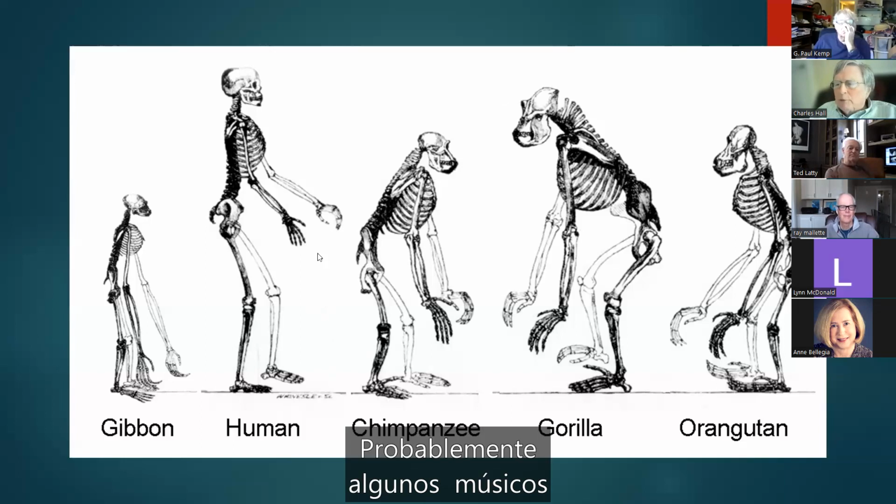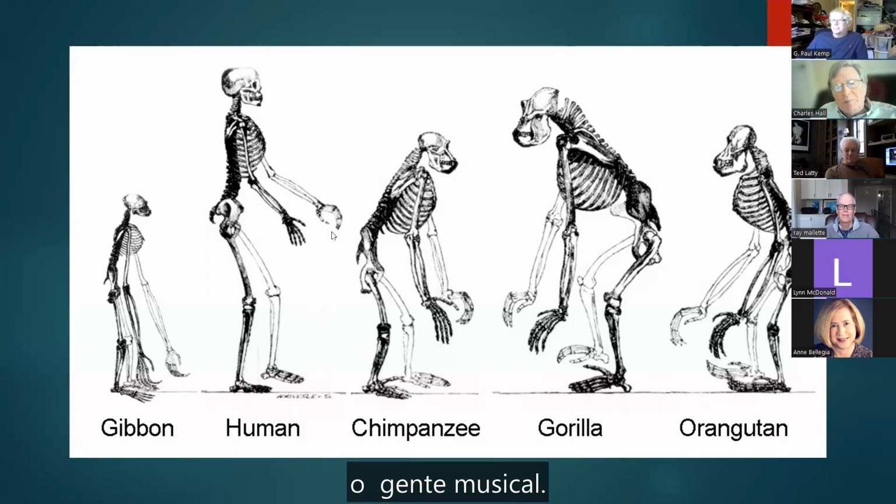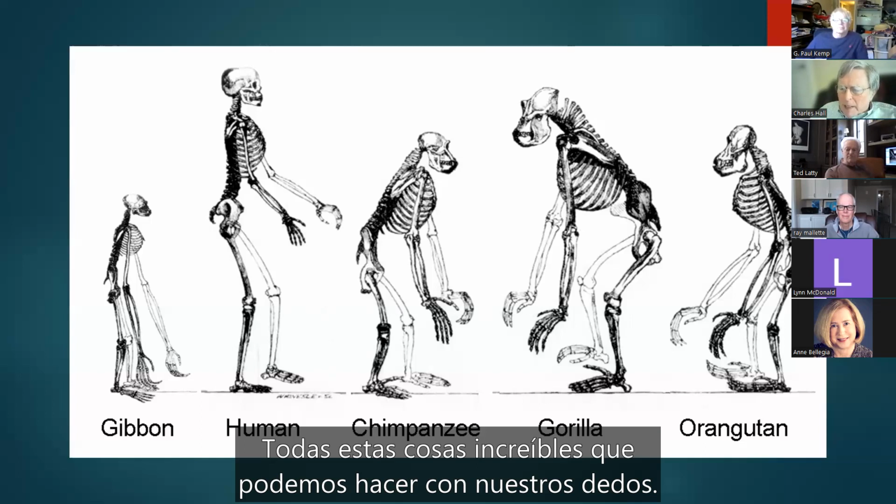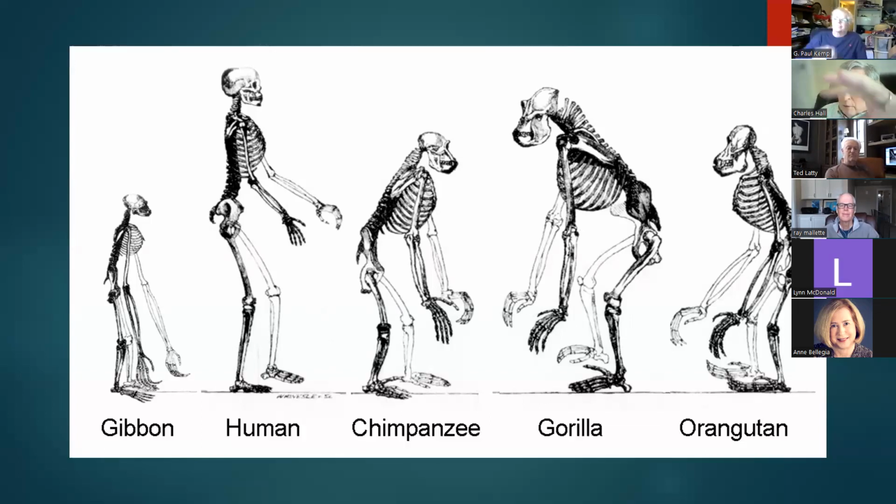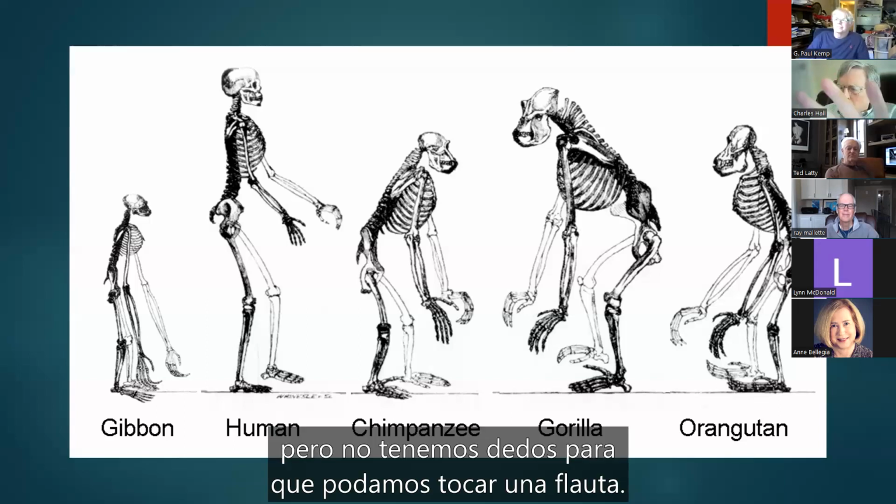So probably some of you are musicians. Ashland is full of musical people. And so you can play a flute or a violin, all these amazing things we can do with our fingers. But we don't have fingers so we can play a flute.